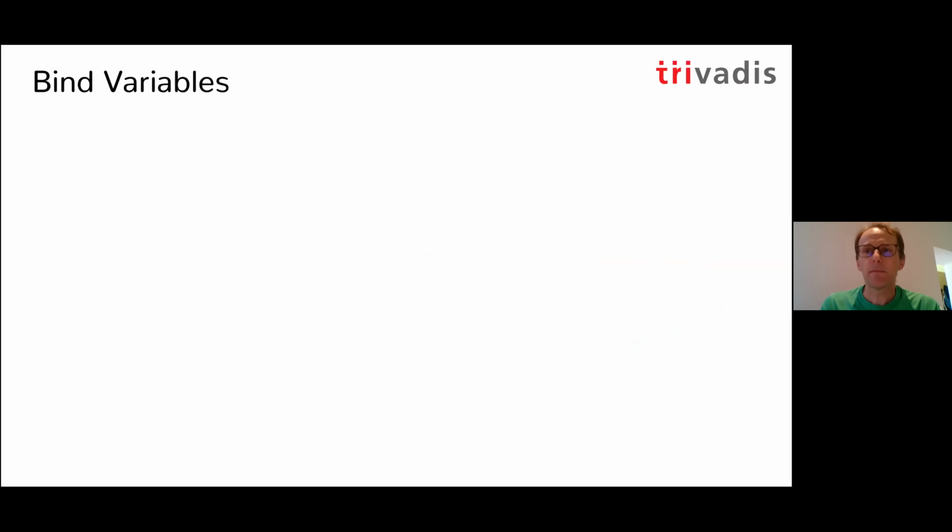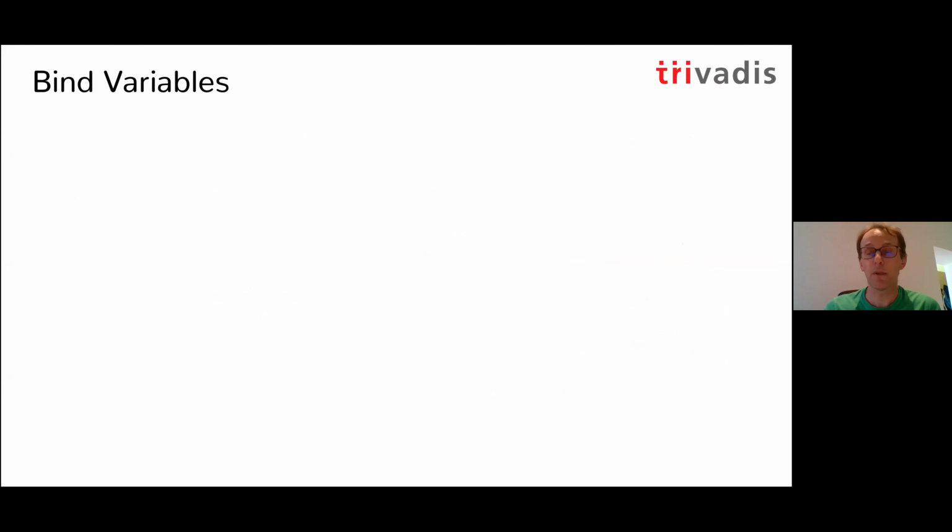Now, let's talk a little bit about bind variables, because as we have seen before, bind variables can be part of the SQL statement and are also important when we are talking about the environment. To decide whether it's possible to share a cursor, the SQL engine, because it's not a decision of the optimizer, it's really the SQL engine, also has to check the bind variables.